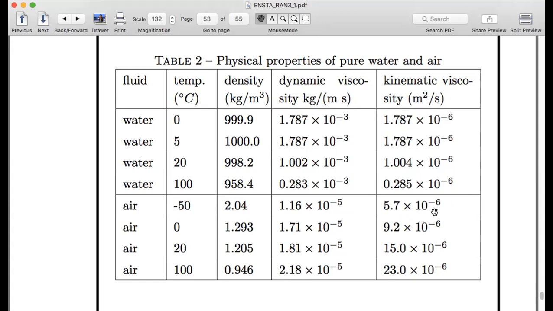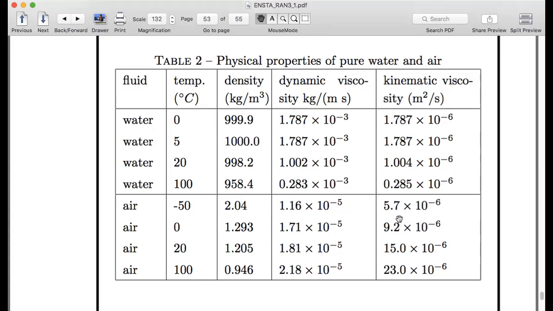And it's still 10 to the minus 6 for air, but it's a few times bigger. So air is more viscous than water in terms of the kinematic viscosity. And that's the thing that matters in a sense.